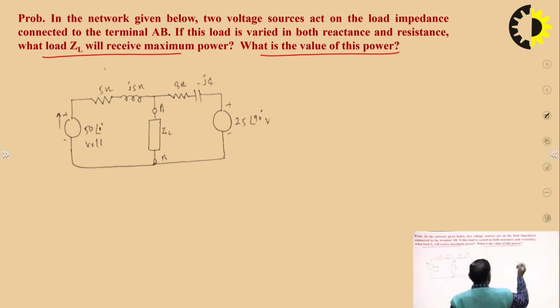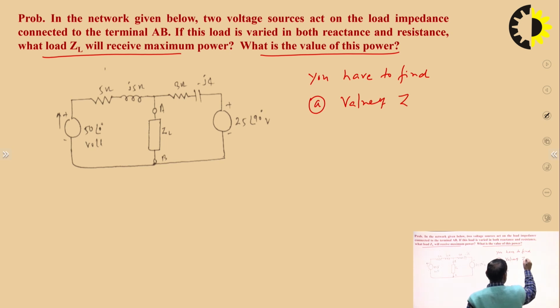First, you have to find the value of ZL, and basically the given circuit is an AC circuit.